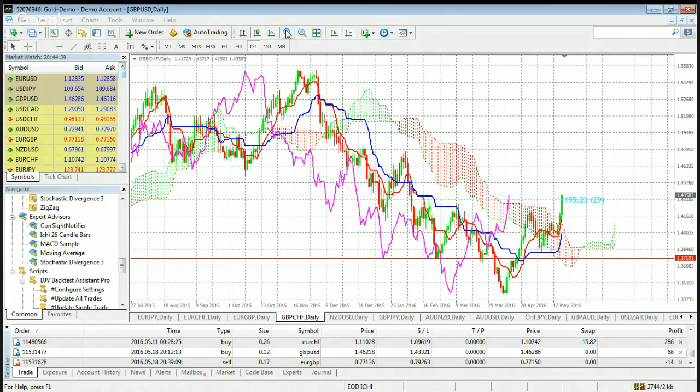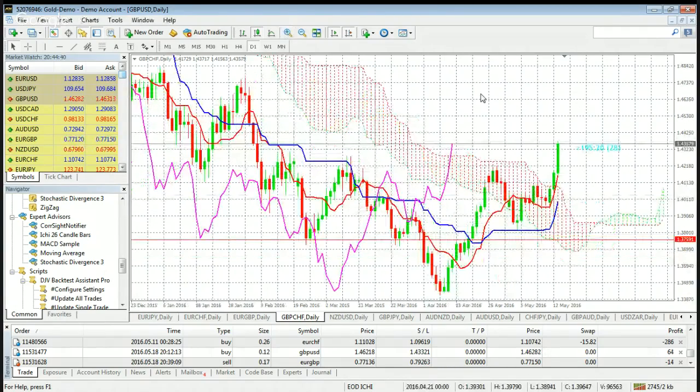I'm going to zoom in slightly. There we go. Kumo break, it's confirmed. Now, based on what we've done with some of the other Kumo break trades already and what I've explained so far, I want to know from you guys. Yes or no? Do we get in or do we stay out? So do we take the entry?